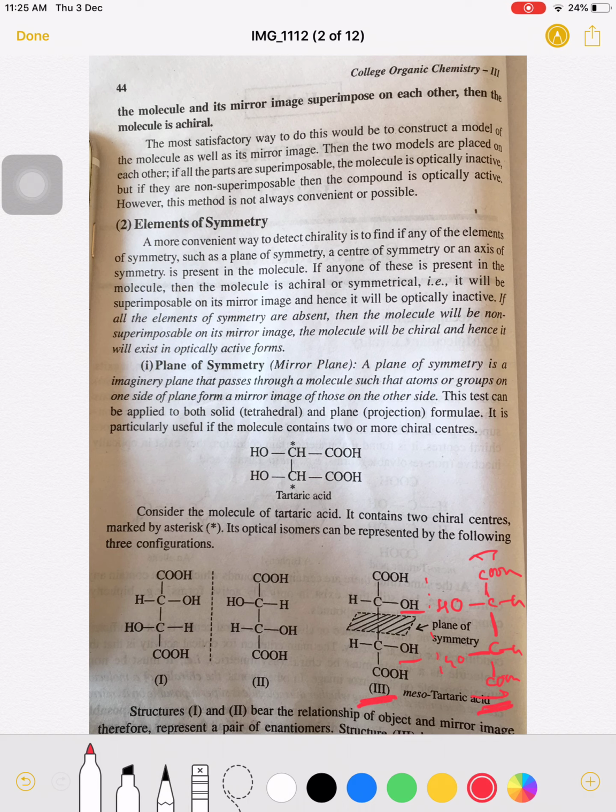Therefore, for tartaric acid, only 3 stereoisomers are possible because of the presence of the same chiral centers in the molecule.